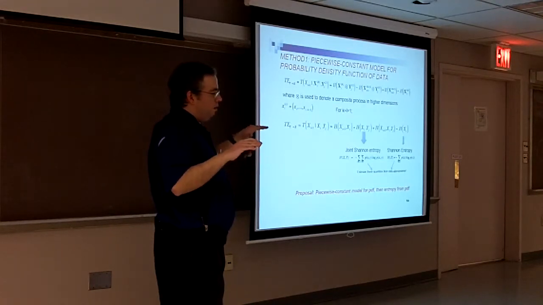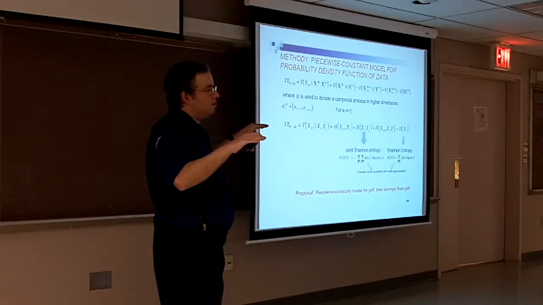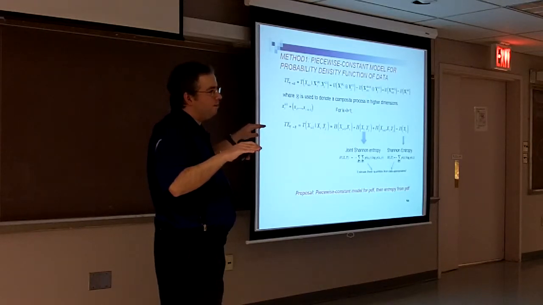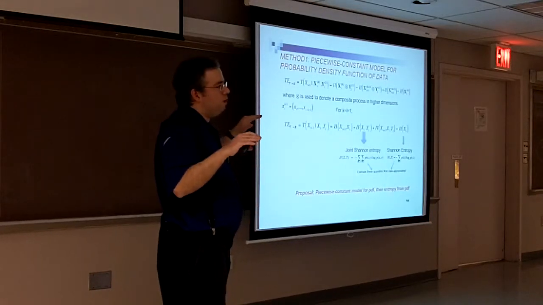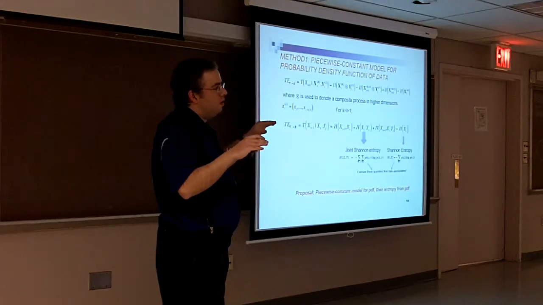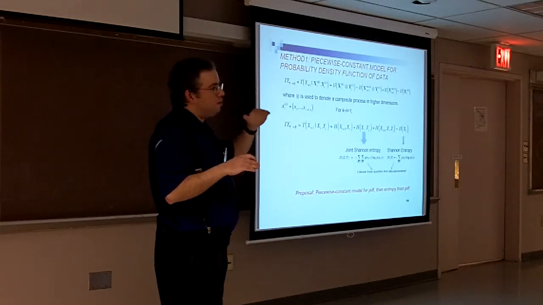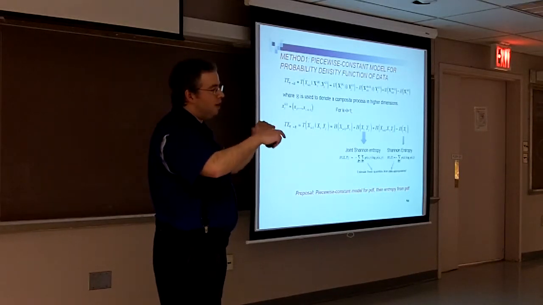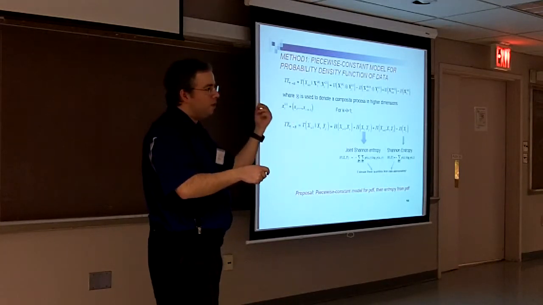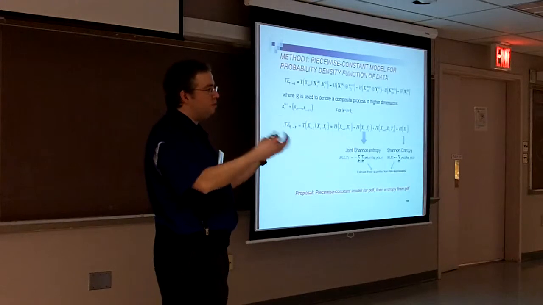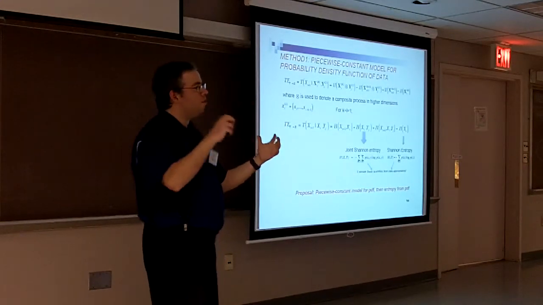We approximate the PDF as a histogram, and then from that histogram, I'm going to assume a Bayesian model and take samples from that histogram model. That means taking samples from that PDF.